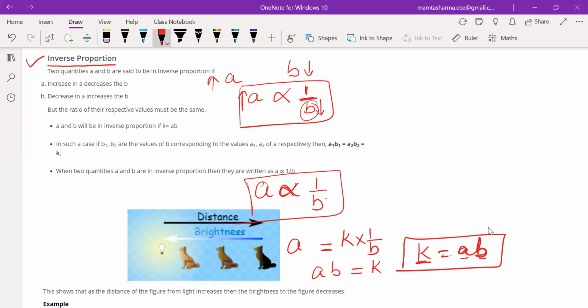Here in the inverse proportion, the multiplication of both the quantities will remain constant. In the direct proportion, the division was constant.